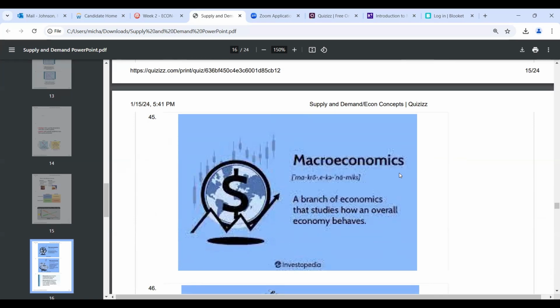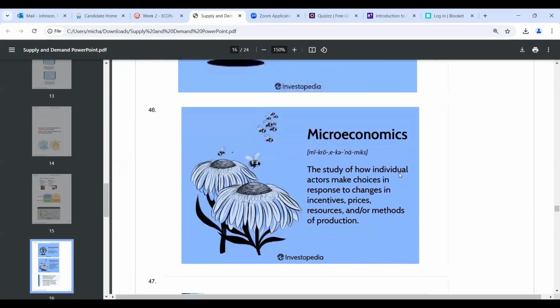Macroeconomics, a branch of economics that studies how an overall economy behaves. Microeconomics is the study of how individual actors make choices in response to changes in incentives, prices, resources, and or methods of production. So macroeconomics is really countrywide.